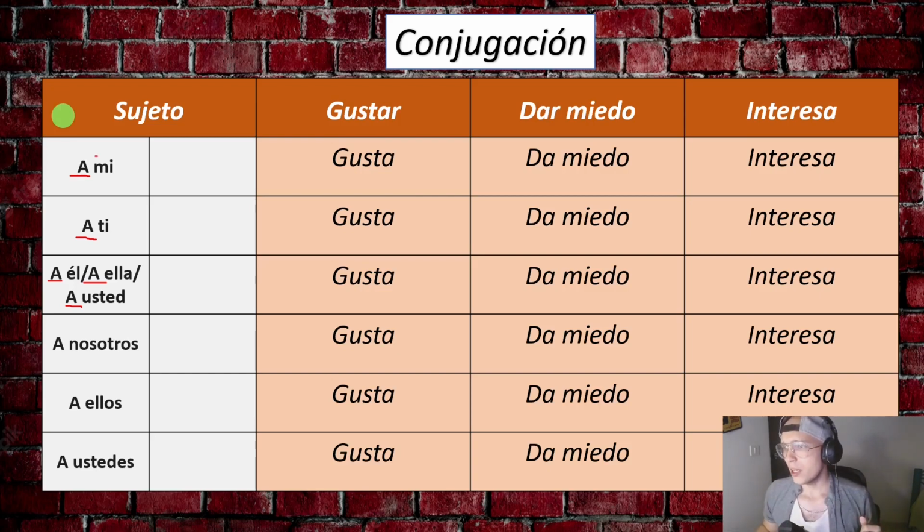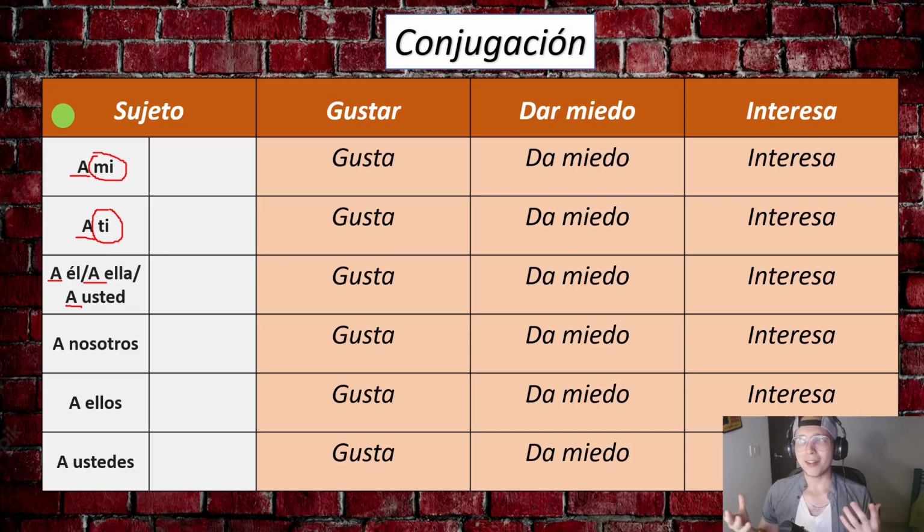Now, if you wonder why we say "a mí" and "a ti" instead of "a yo" or "a tú," it's because by rules, when we have a preposition like "a," or "desde," or "por," etc., we don't use the words "yo" or "tú." When we have a preposition, we always need to change that into "mí" or "ti."